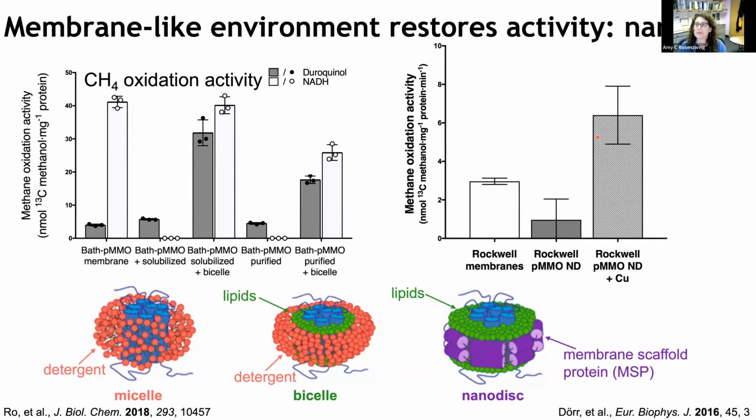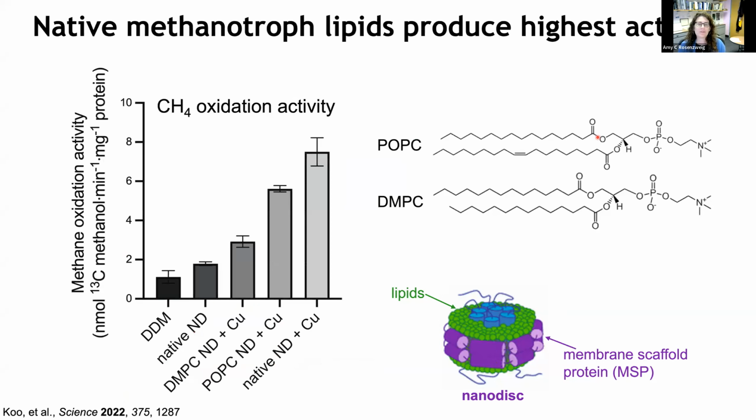And we originally did this actually to do the native top-down MS with the Kelleher lab, which was kind of annoying because you have to put it into a nanodisc just to blow it apart in the MS. But we quickly realized that this could be a useful way to study a more active form of the enzyme.